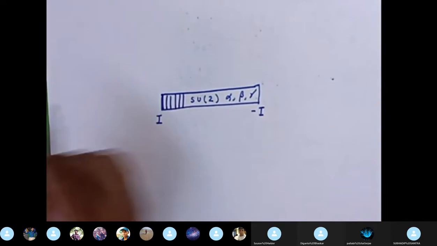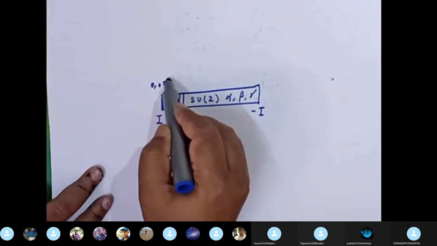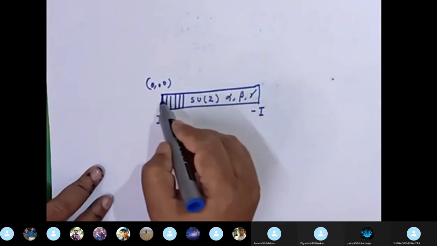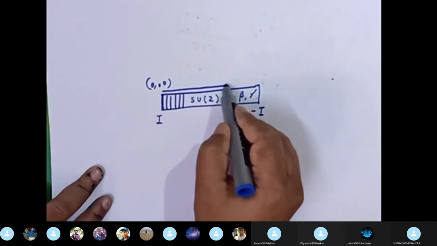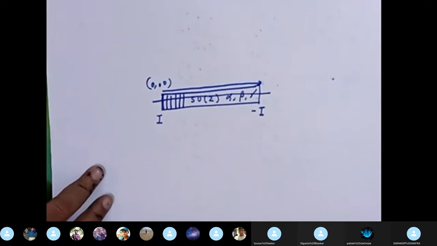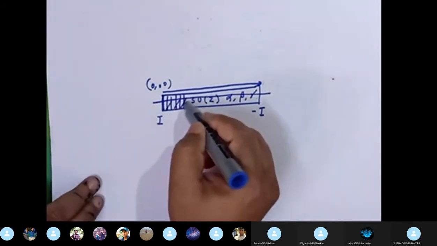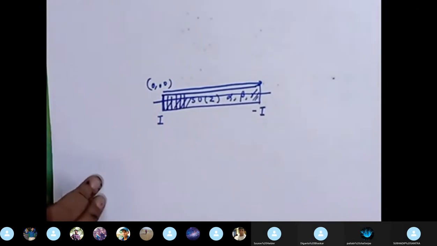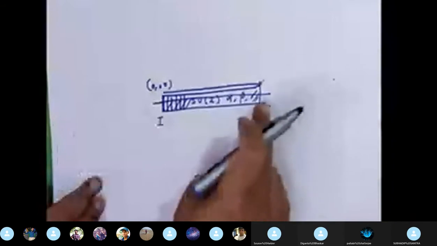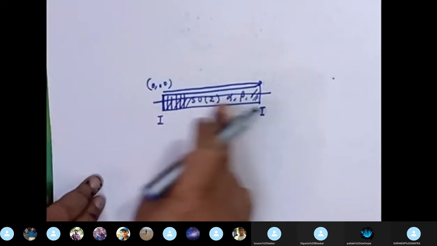Now if you vary alpha, beta, gamma continually from their 0, 0, 0 values, you move from here to here, only half of this group is generated. Is it clear? The rest half remains. When you move from pi to 2 pi, it will come back, generating the rest of the elements.